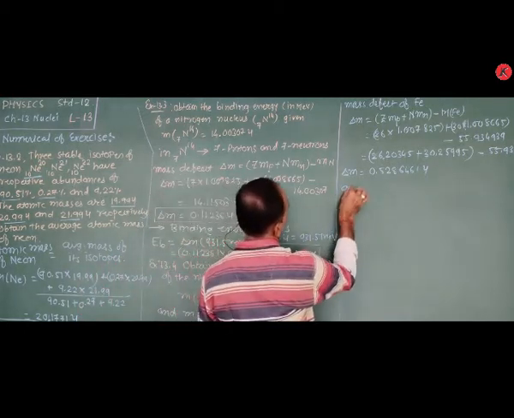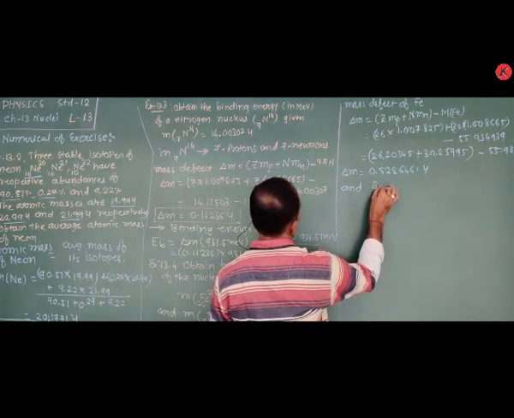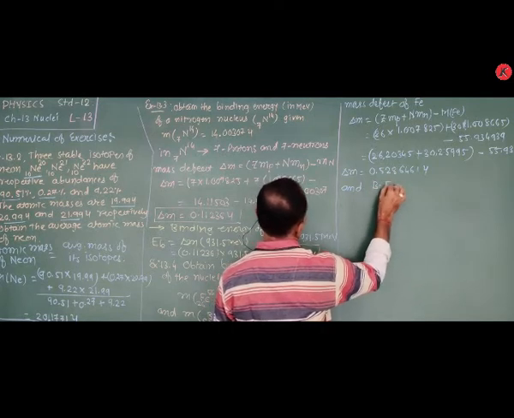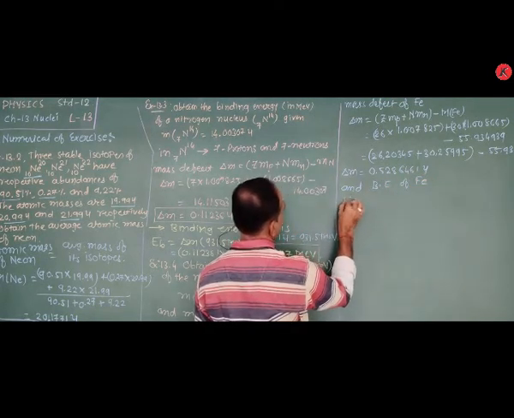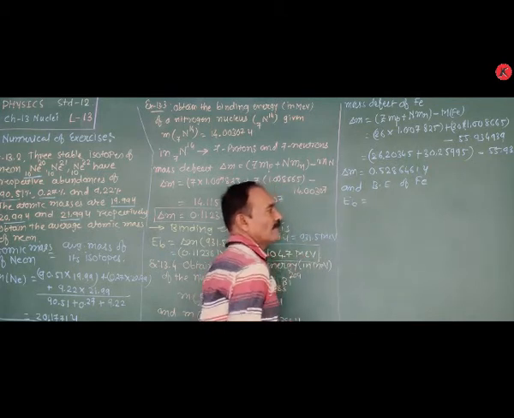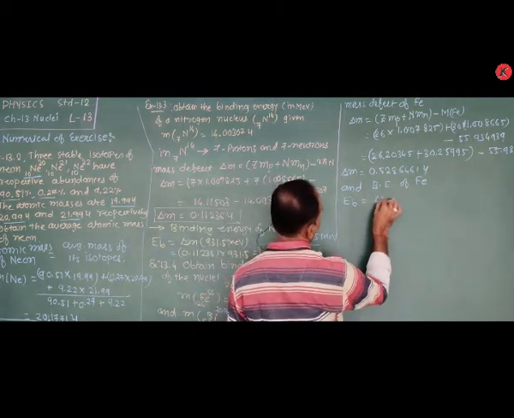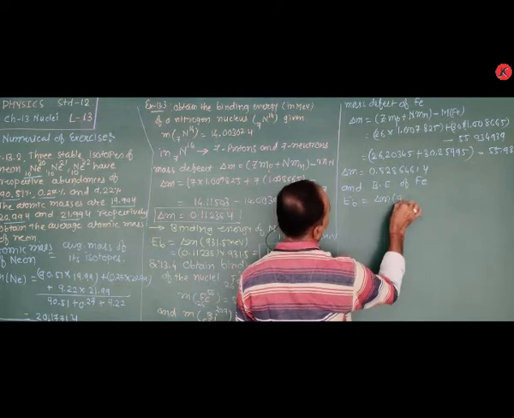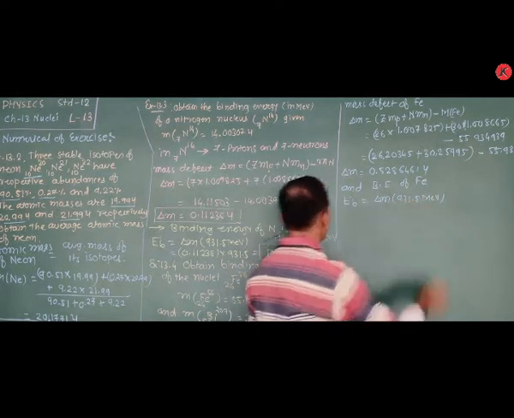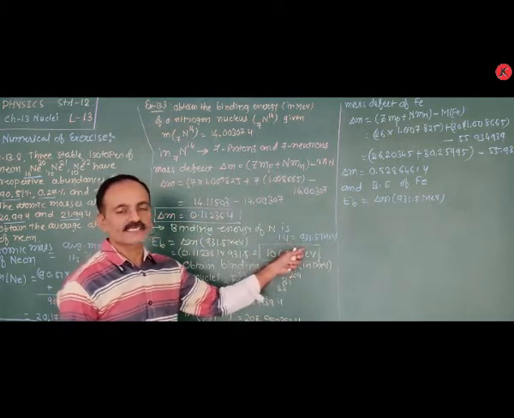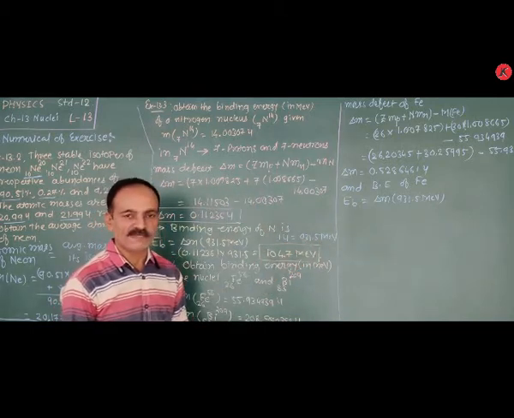And binding energy of Fe, Eb, is equal to mass defect delta M into 931.5 MeV. We know the relation, one atomic mass unit is equal to 931.5 MeV.